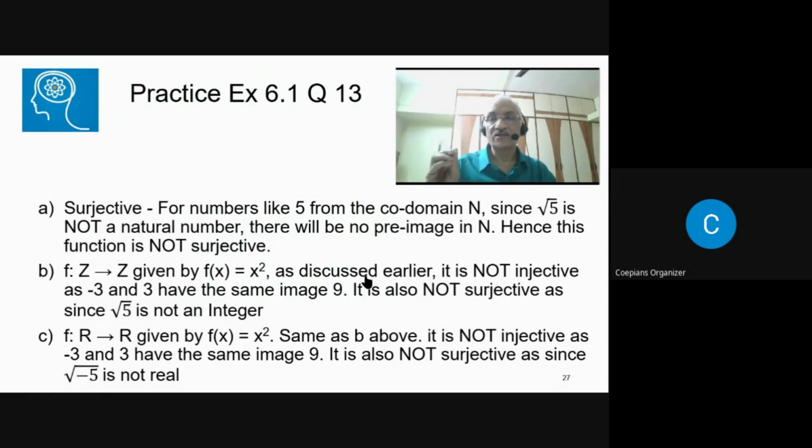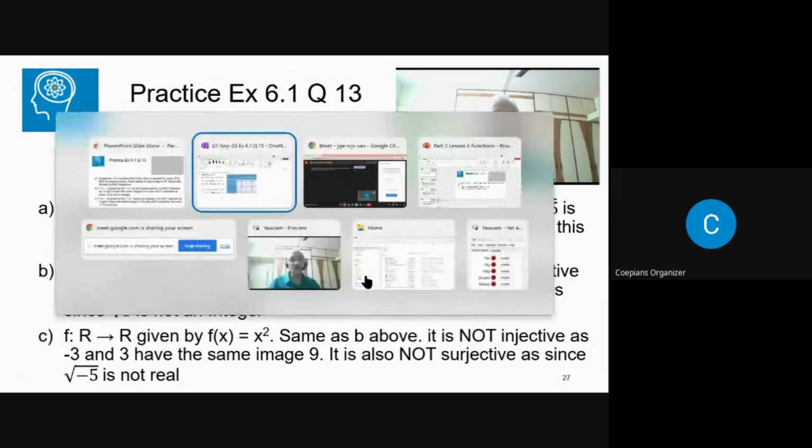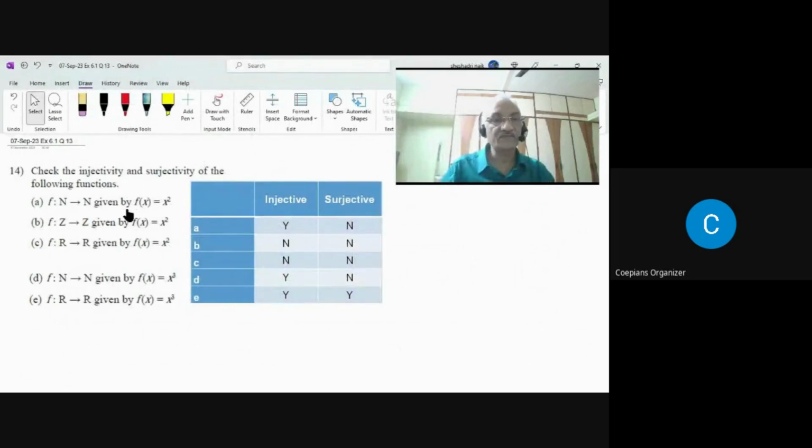Since there are two arrows terminating to it, this function is not one-to-one, that means it is not injective. It is also not surjective, for the same reason as the natural numbers: root of 5 is not an integer. So the answer to sub question 2 is that it is not injective and not surjective.